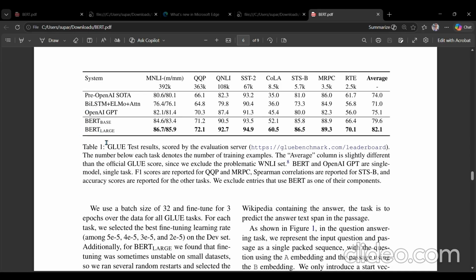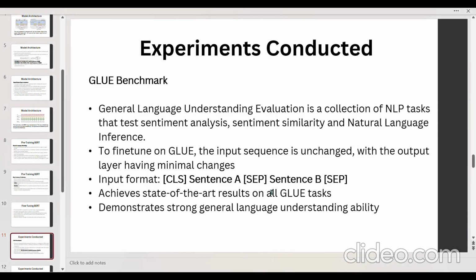Here, the BERT base and BERT large models outperform all the systems on all the tasks by a significant margin. They have achieved over 4.5% and 7.0% accuracy improvement over the prior models, demonstrating the strong general language understanding ability of the BERT model.